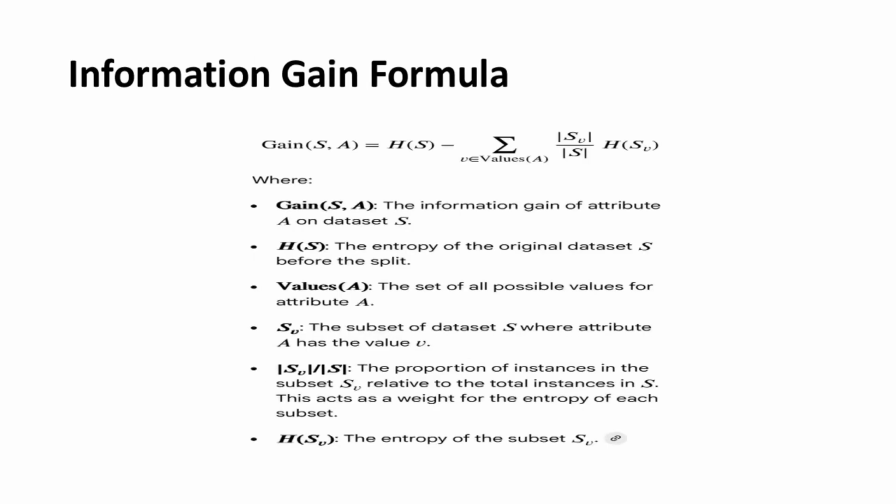Information gain measures the reduction in entropy achieved by splitting the dataset S on attribute A. The ID3 algorithm seeks to maximize this value.